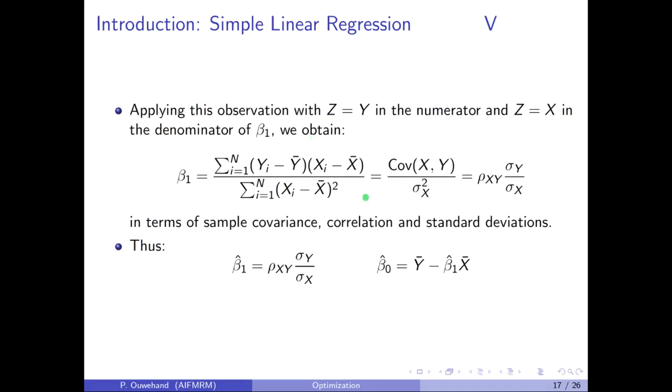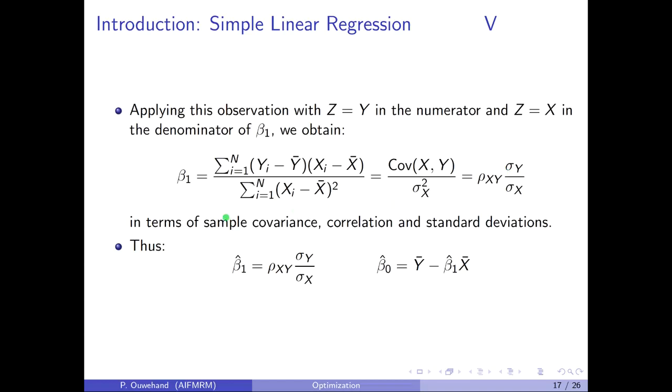And that is equivalent to the sample covariance at the top and the sample variance of x at the bottom. Now, since the covariance of x and y is just the correlation times the product of their standard deviations, this simplifies to the correlation between x and y times the standard deviation of y divided by the standard deviation of x.